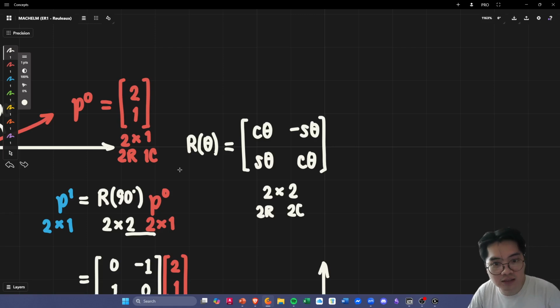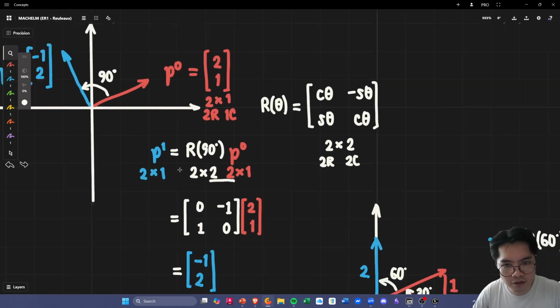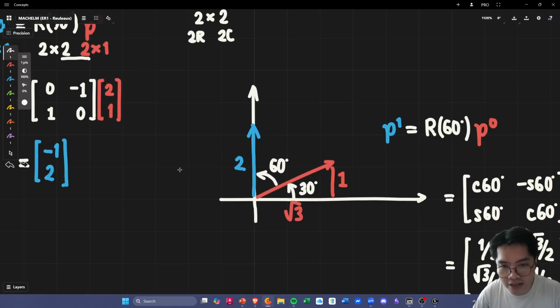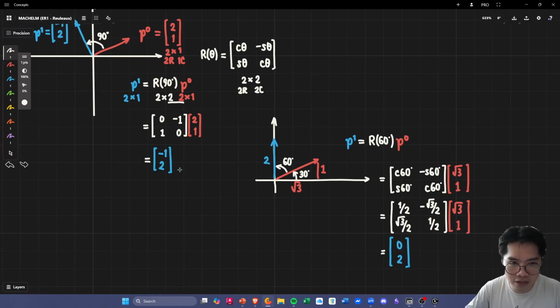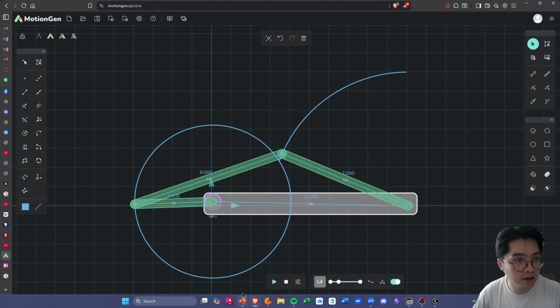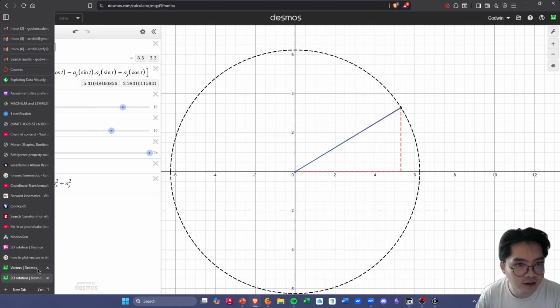If the determinant is some other value, say for example 0.5, you know that it will get scaled down to 0.5 of its original value, or that's not even length, it's area. But let's not dwell on that kind of thing. The rotation matrix is such that you retain the length of your vector, because when we're trying to rotate a link, we're not trying to make it smaller or larger, we are just literally trying to rotate it.